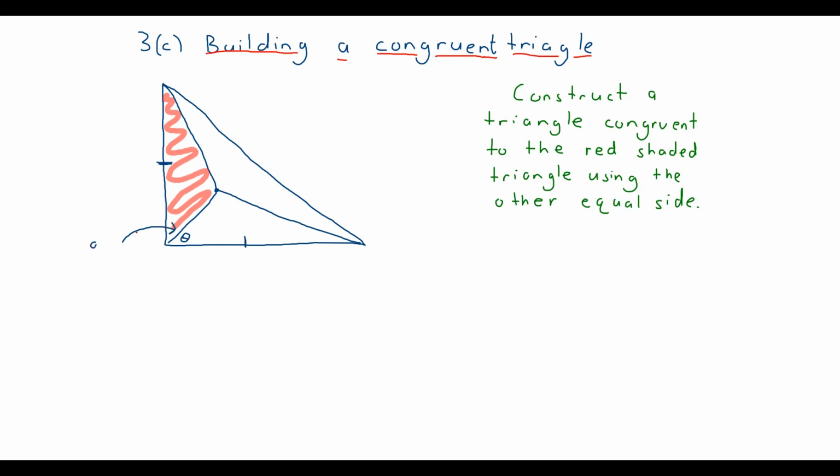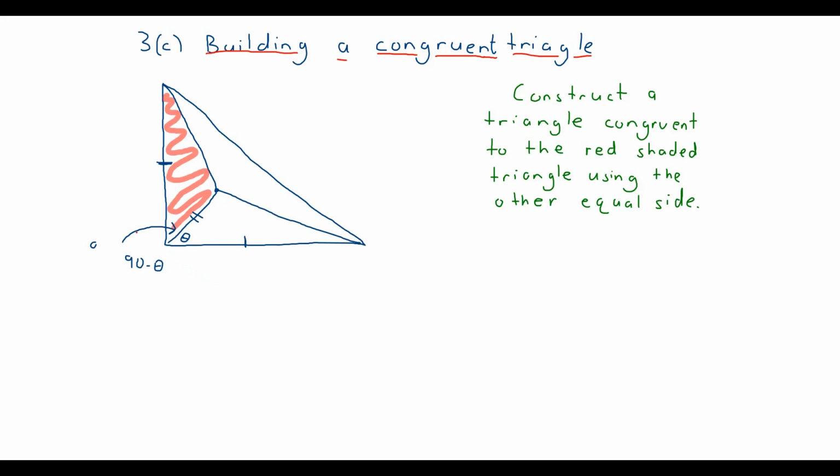be 90 minus theta, and I think I need to write it there. If I write it too far to the left, it slows down the program I'm using. So this is 90 minus theta, and I'm just going to mark this with some double marks. So what I'm going to do is build a line down here, such that this is double marked, and let's use red to do it so it stands out.